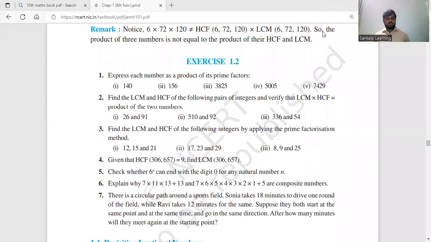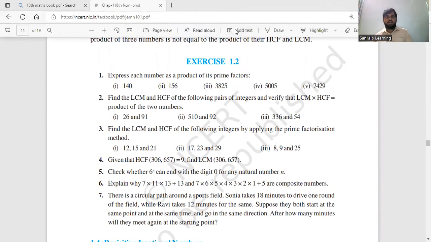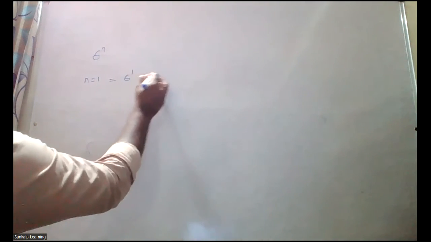Okay. The next question. Check whether 6 to the power n can end with the digit 0 for any natural number n. So what they have given us is 6 power n. We have to check whether this will end with digit 0, meaning give values for n. If you give n as 1, you get 6 power 1, which is 6.